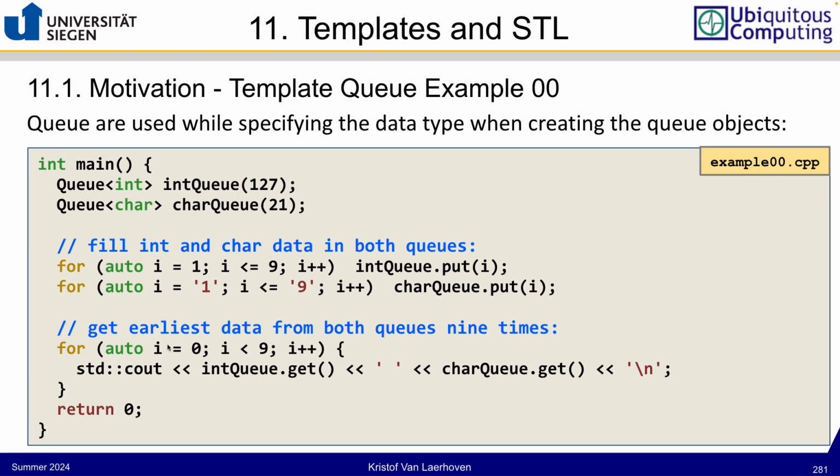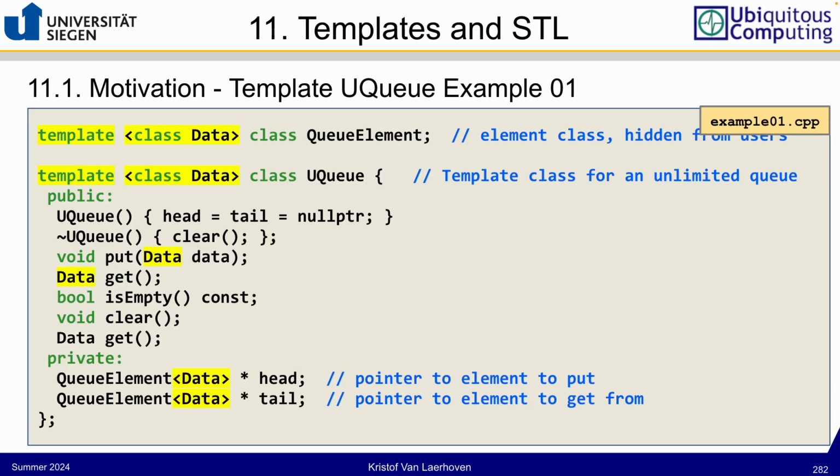So this allows a queue to be used for any type of data. As long as, if you use a class, if there are operators being used on the objects of this class, they need to be defined, as earlier already mentioned. Okay? So that is for our normal queue. The same goes for our unlimited queue.